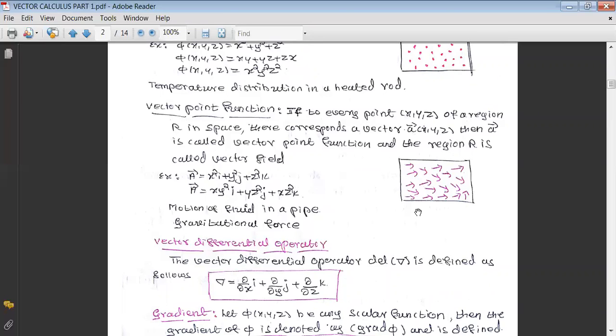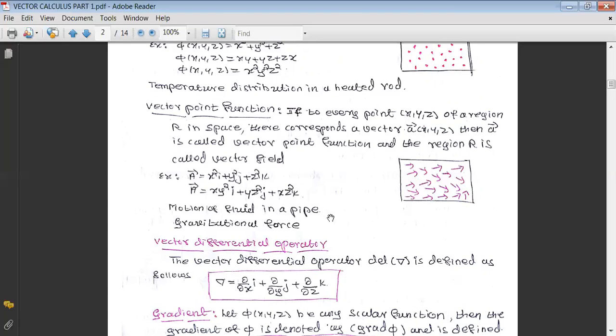Suppose you want to know some physical examples. Consider the motion or velocity of a fluid in a pipe. Think that a fluid is moving in a pipe. If you take any point in that pipe, you are going to find a certain speed of the fluid, that is called velocity, and it has a certain direction.